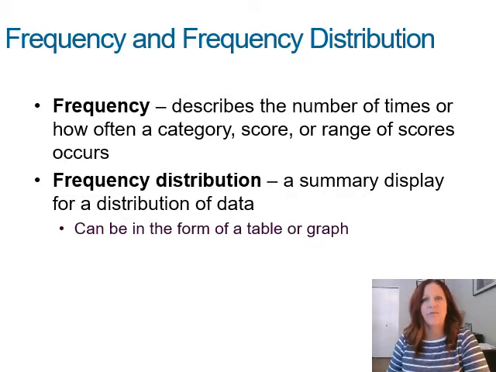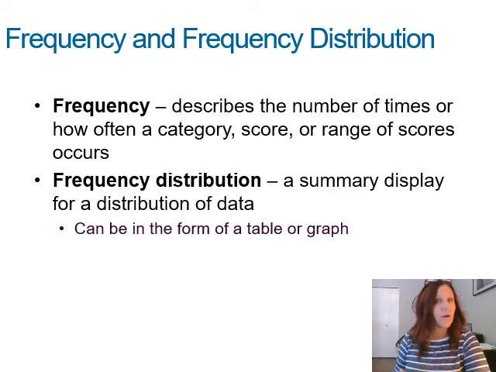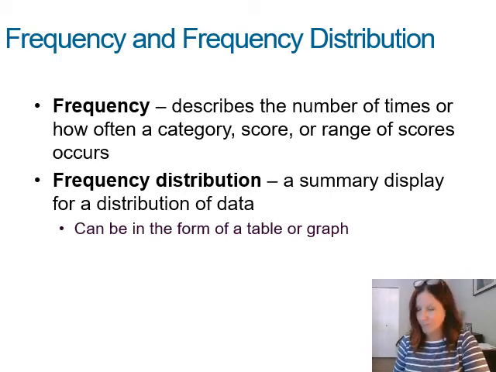And then the frequency distribution is a summary that displays those frequencies. It can either be in the form of a table or in a graph. We'll start by looking first at tables, and then we'll move into how they look as far as graphs go.